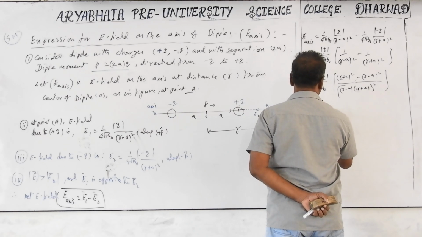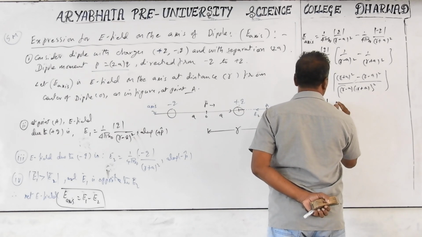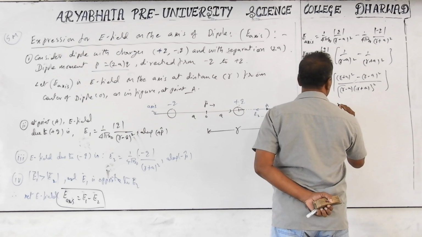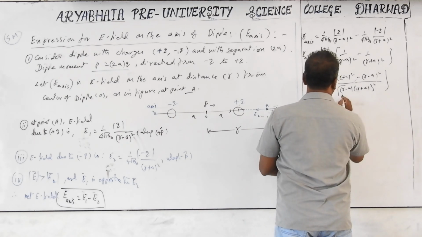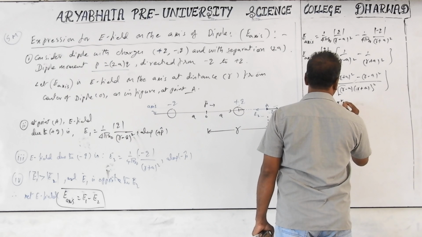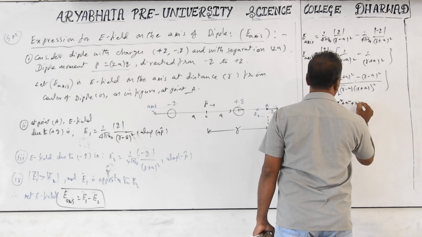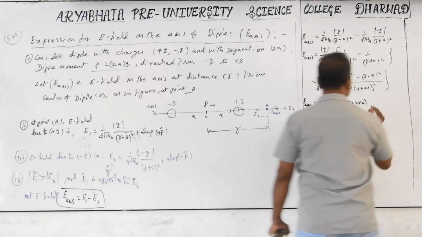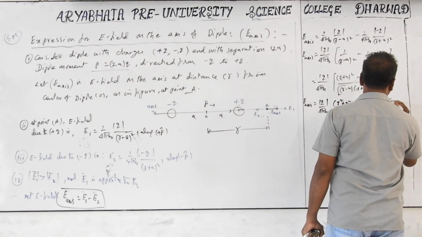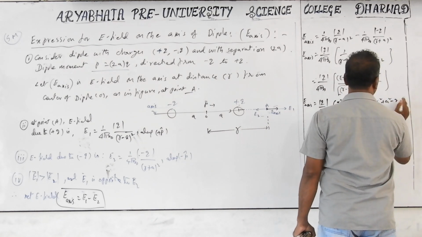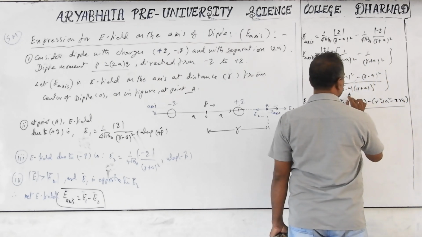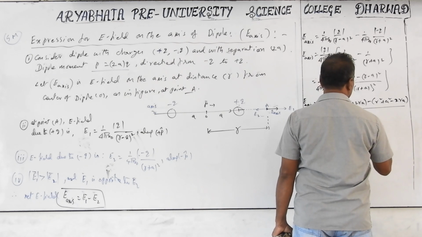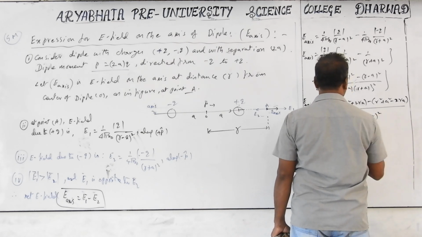equals q by 4 pi epsilon naught into the numerator value, which is r square plus a square plus 2ra, minus r square plus a square minus 2ra, over a plus b into a minus b, a square minus b square, that is r square minus a square whole square.